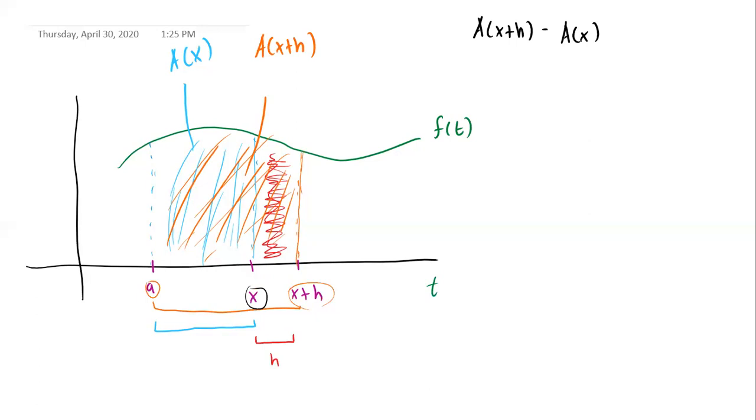Now I have one last thing here, this thing in red. Let's say I'm not interested in the area from a to x or the area from a to x plus h. I'm just interested in the net area bounded between x and x plus h. So just this part here.